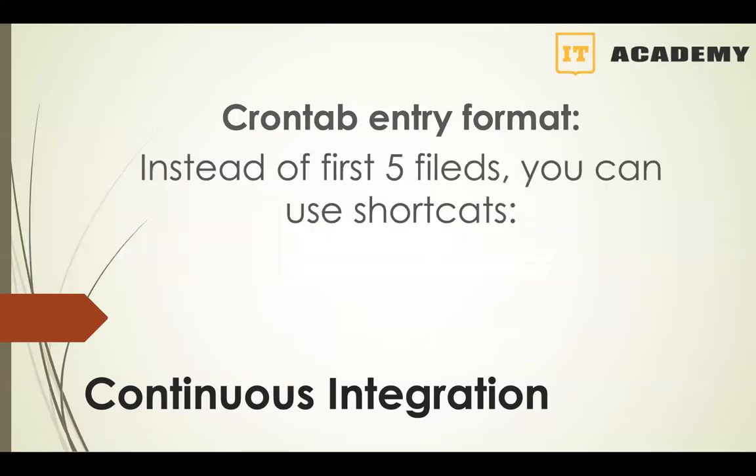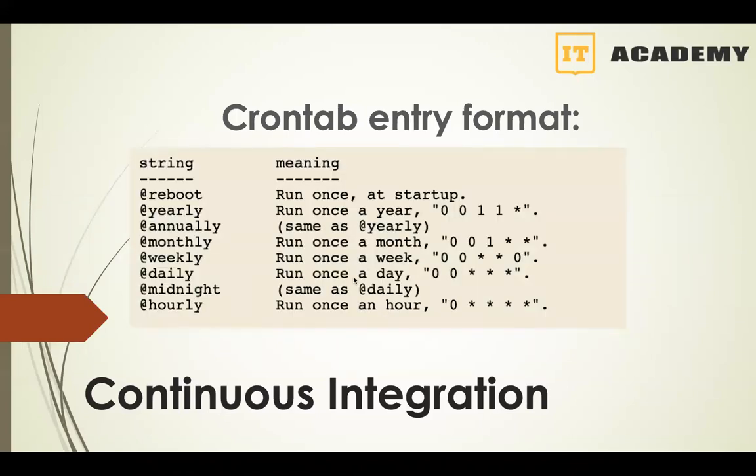Instead of those 5 fields, you can use shortcuts. So here are your shortcuts. You can specify @reboot, and it means that you need to run something once at startup. @yearly runs once a year, so it would stand for 0 minutes, 0 hours, 1st January every year. @annually is the same as yearly.